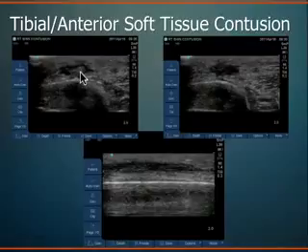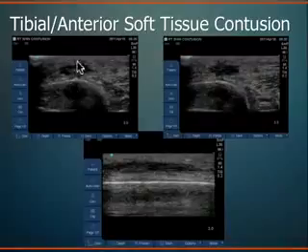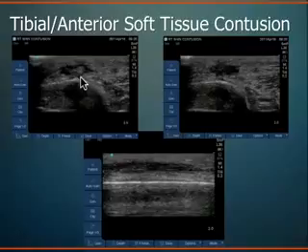Sometimes with these hematomas you get thickening of the tissue and a collection of tissue debris, which can sometimes cause other complications, which you could follow on ultrasound that you might not necessarily see on X-ray or other imaging modalities.